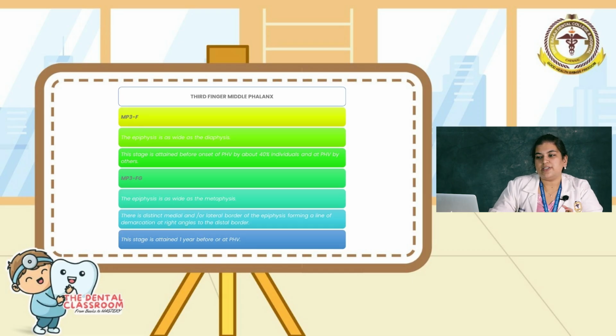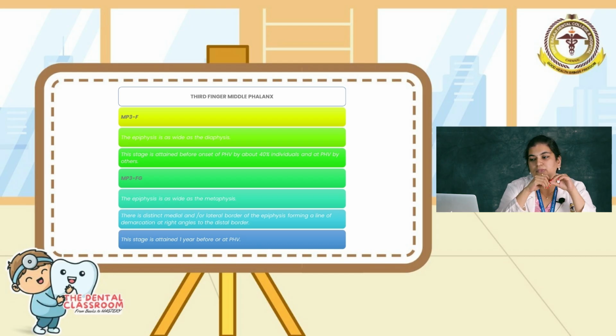Now, this is where the staging comes in, in terms of MP3F, MP3G. Like I said, MP3 is the middle phalanx of the third finger. Here you only need to take a small radiographic image of the middle phalanx of your third finger. You don't need an entire hand wrist, you are only observing the stages of the middle phalanx of your third finger.